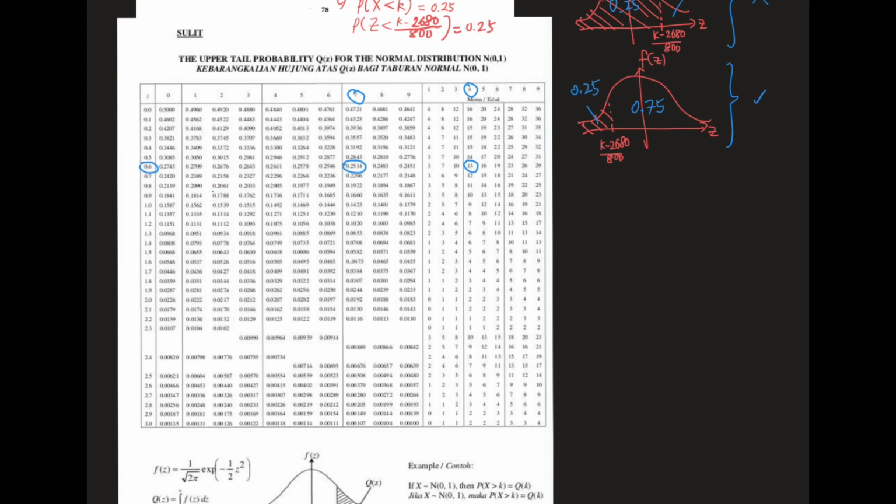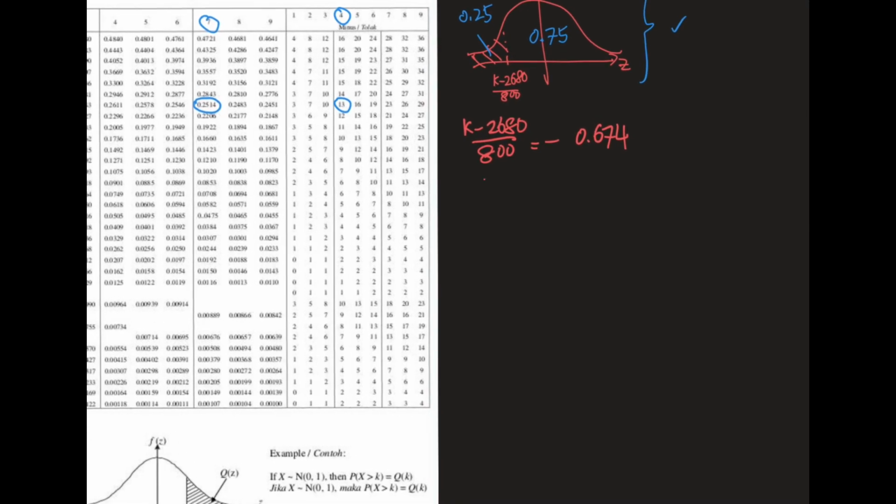The side is 0.6, the top is 7, minus 14. We don't have 14, we take 13. Okay, so now we read the z-score: 0.674. But don't forget, there is a negative. Negative 0.674, we put the negative on our own. So negative 0.674 is the fraction.